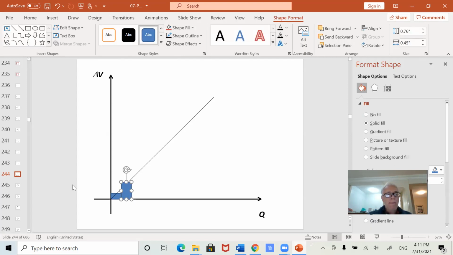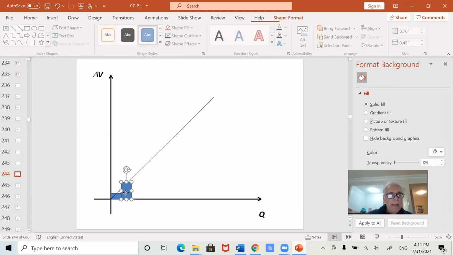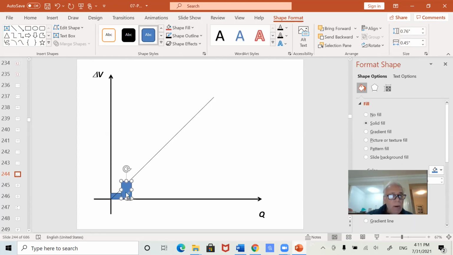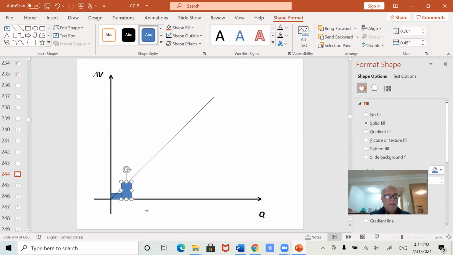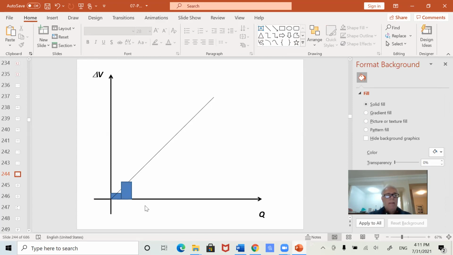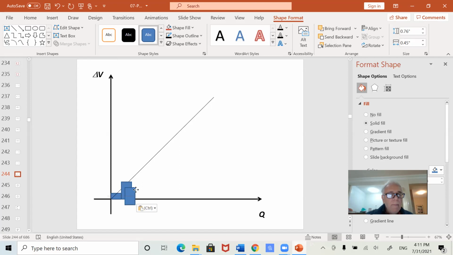So now the energy stored in your capacitor is going to be delta V1 times delta Q1 plus delta V2 times delta Q2. That's how it goes. And then we do that several times.